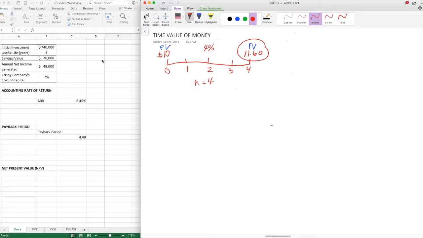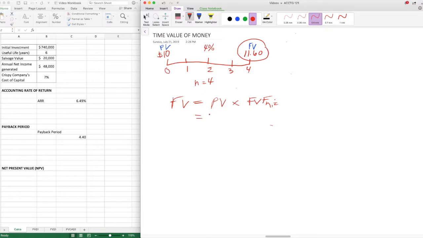And so if we want to know the future value of an amount, we can solve that by looking at the present value and multiplying it times a future value factor for a certain number of periods and a certain interest rate.